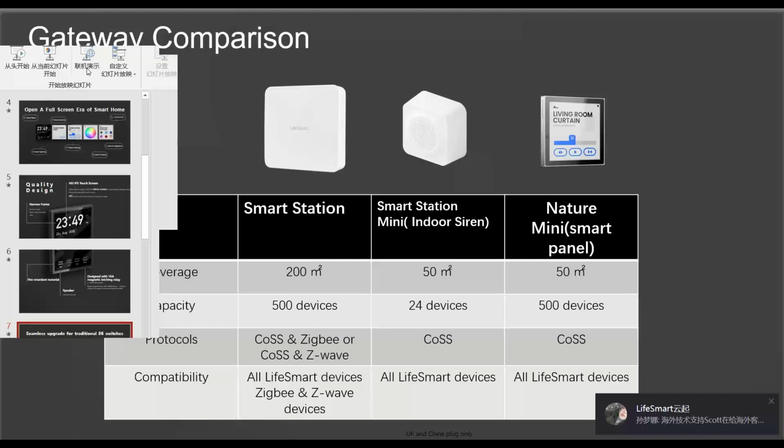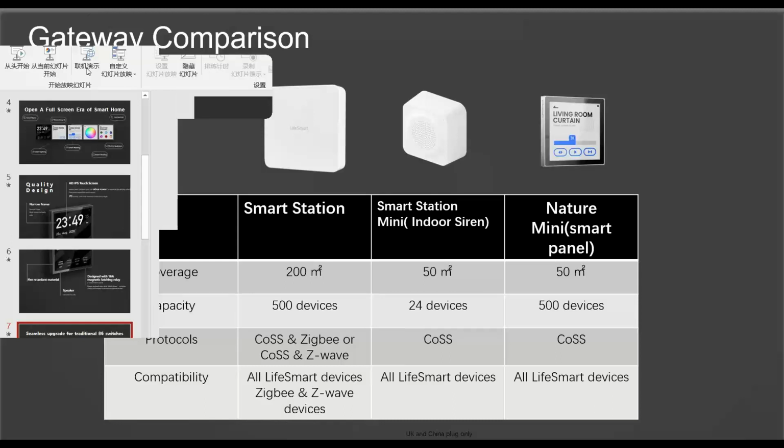And then next, because it's a gateway, if you are already selling LifeSmart, if you are already pushing LifeSmart systems into the market, you may be wondering what the capacity is like for this Nature Mini. So here we did a comparison between our existing LifeSmart gateways, from Smart Station to Smart Station Mini.